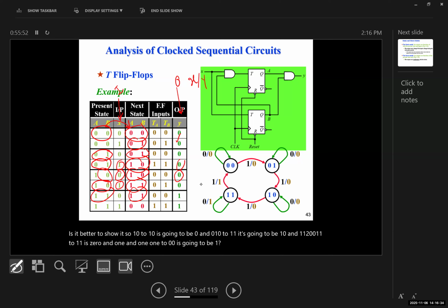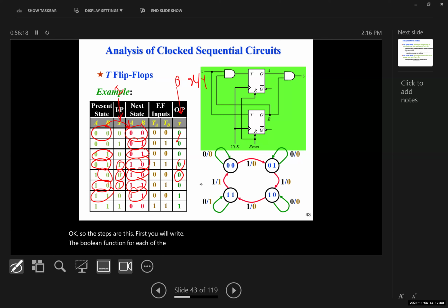Now this is the state diagram for this particular system. For example, in an FE exam or your exam, you're usually given a circuit like this, and they ask which one is the state diagram for this circuit. So the steps are this. First, you will write the Boolean function for each of the outputs.